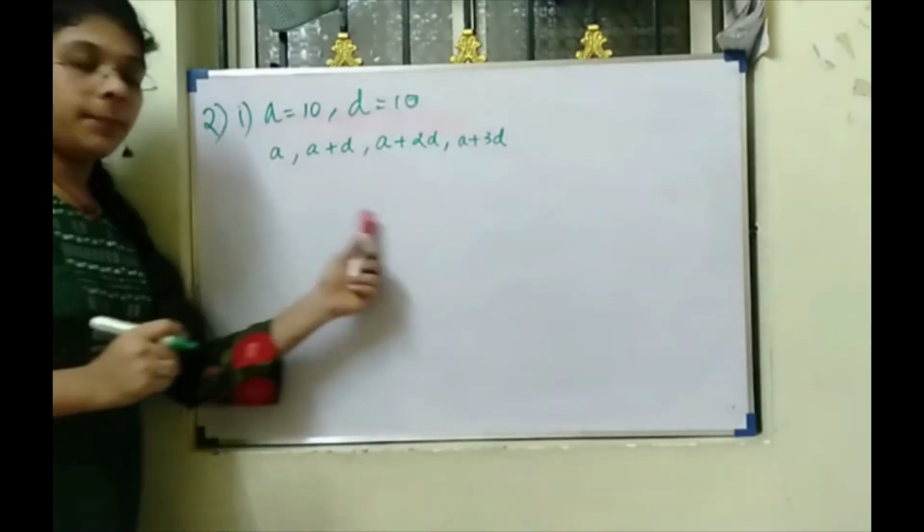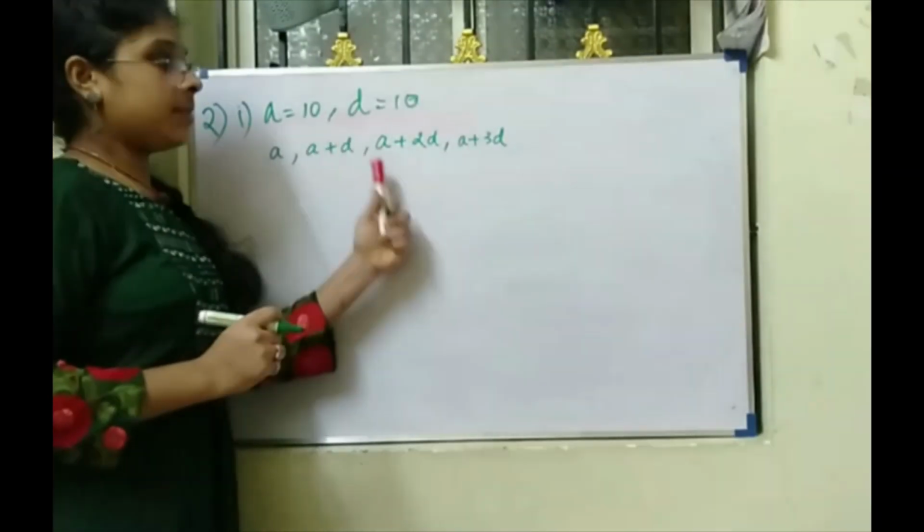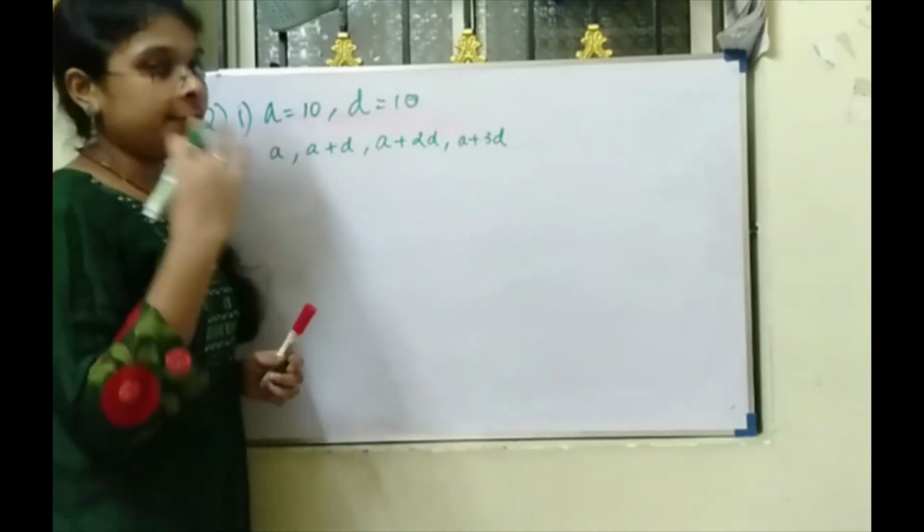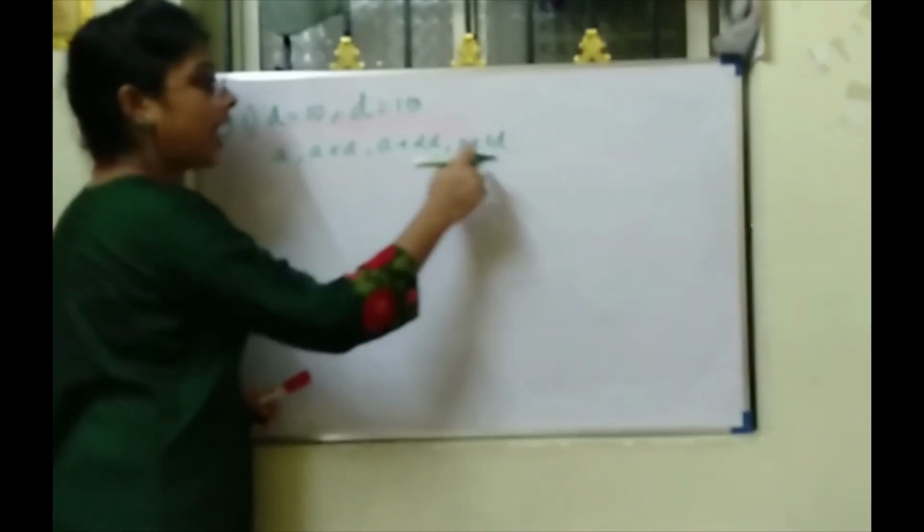The general form of an AP is A, A plus D, A plus 2D and A plus 3D. I have stopped here because they have only asked for four terms. So these will be the first, second, third and fourth terms.